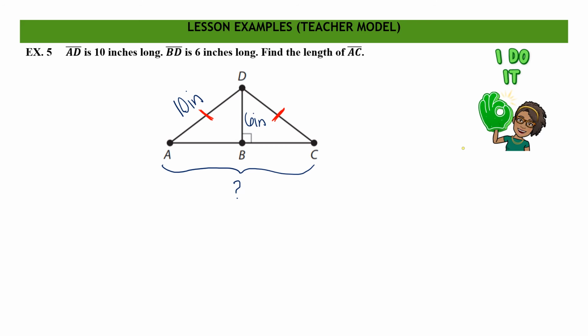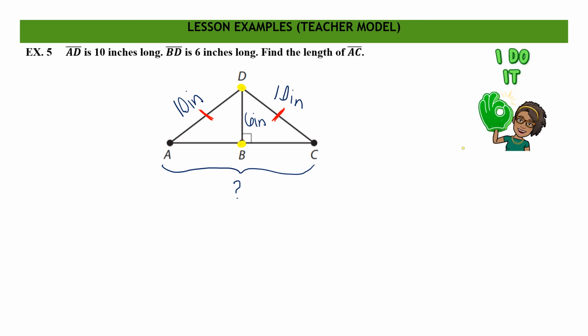So if A to D is 10 inches, that tells me from C to D, it is also 10 inches. Another thing that we can note is that we have this point B, or D, and B here, okay? So let's first look at D.